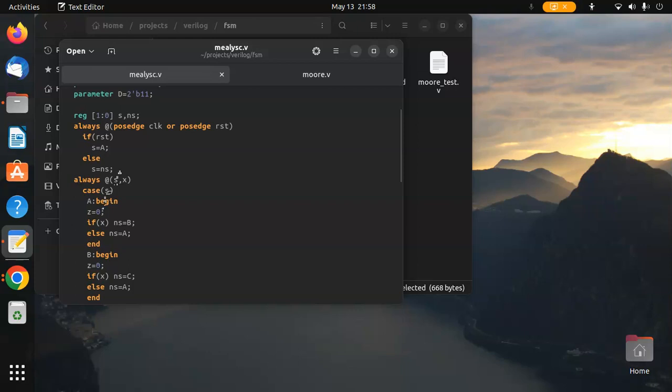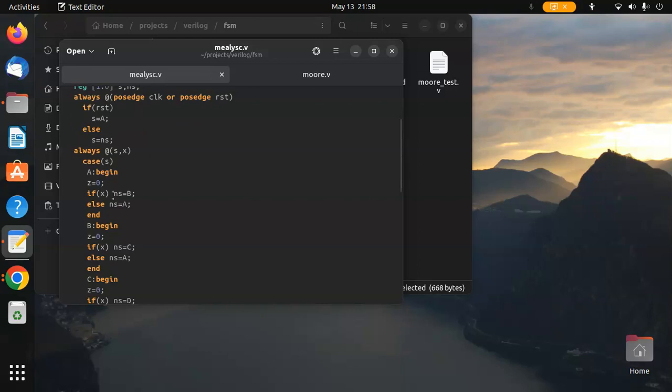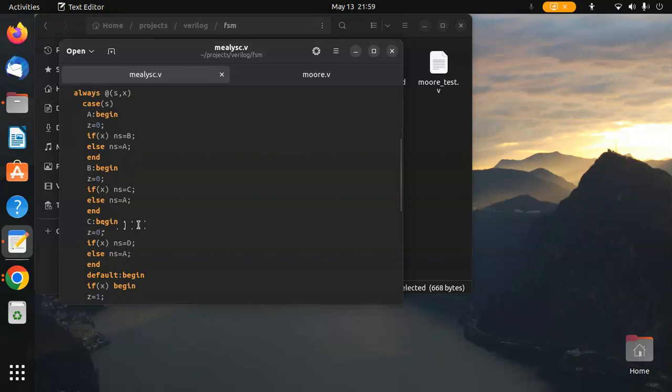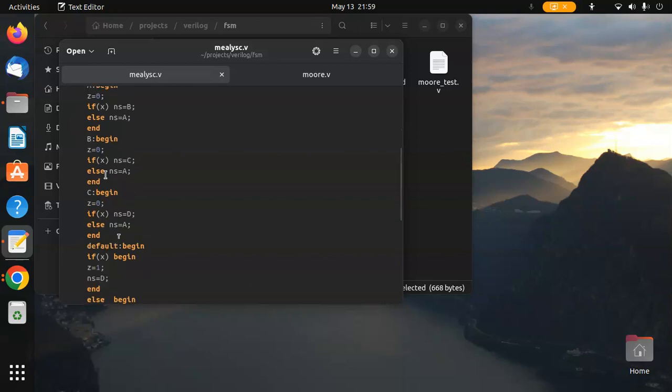You can see Z equals 0 in state A. If the state is B and it receives a 1, then it goes to C, or else if it receives 0, then it goes back to A. Even in the B condition, the output is 0. From B it goes to C if the input X is 1. If X becomes 0, it goes back to A. In the C condition the output is 0, and the D condition, the desired condition, we declare as default.